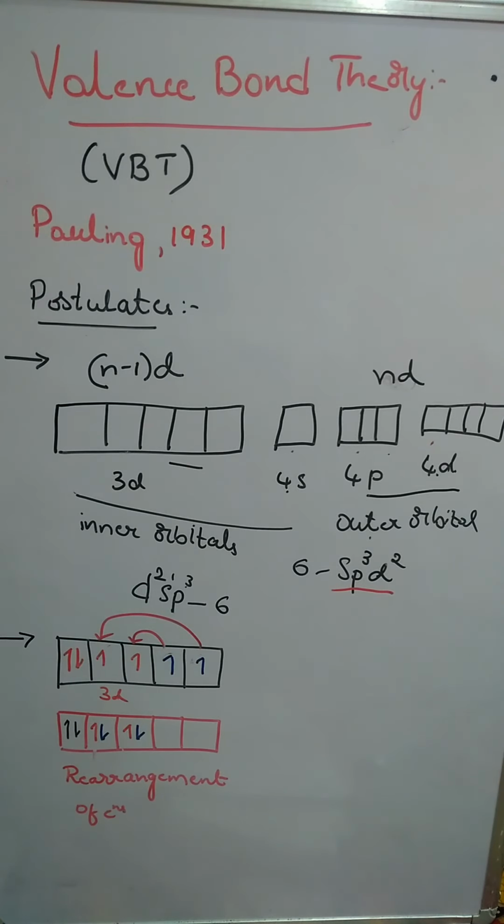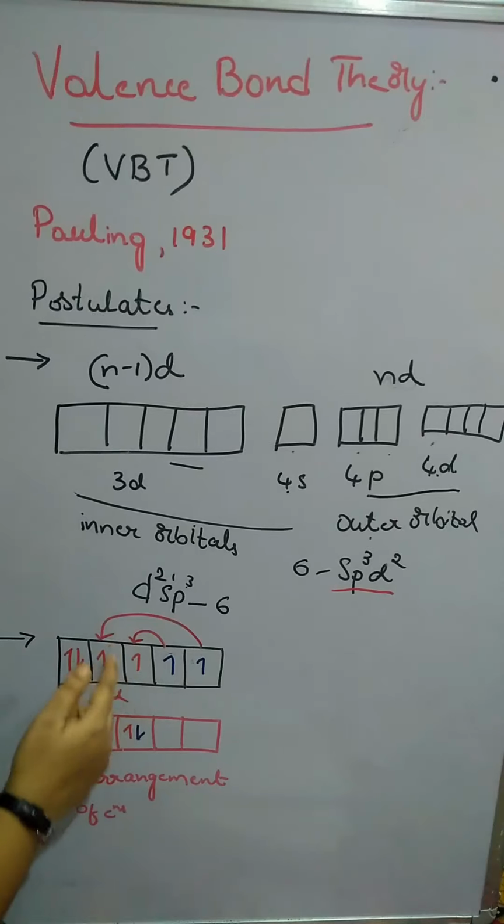Why it is undergoing a rearrangement is what I will study next. It happens when the ligand approaches the metal. When the ligand approaches the metal, a few ligands have the capacity to shift these electrons.